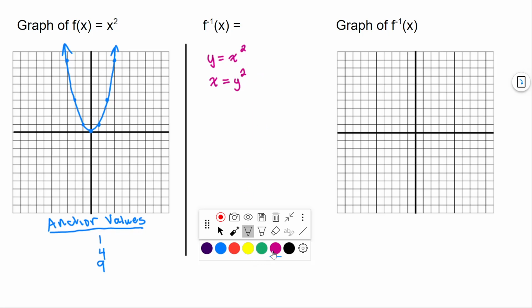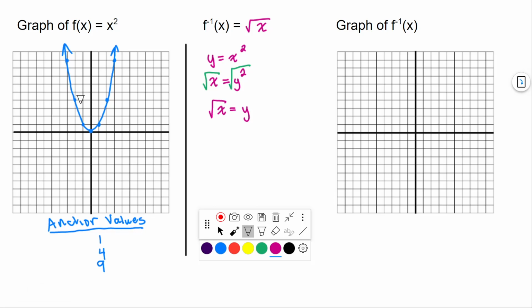And then to isolate the y, we need to take the square root of both sides. So the inverse function of y equals x squared is y equals the square root of x, or the inverse of f of x equals the square root of x.